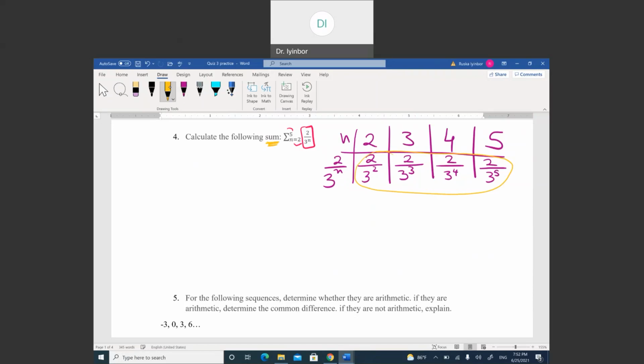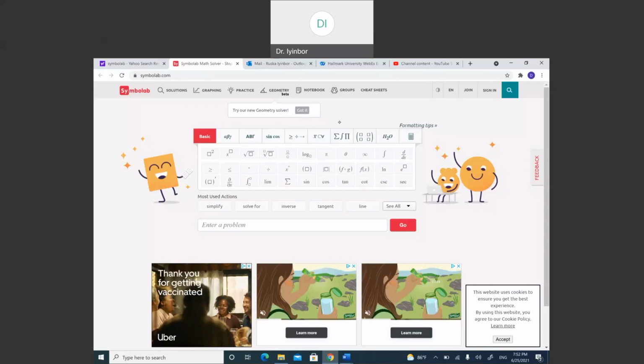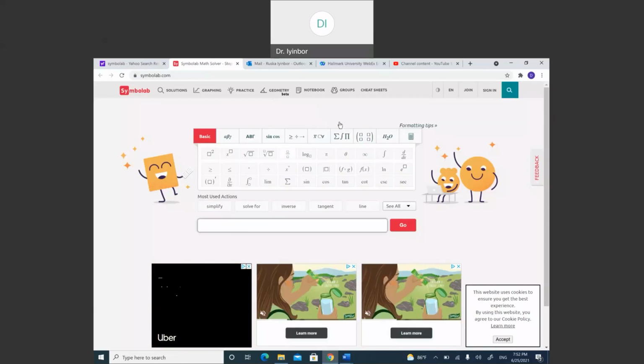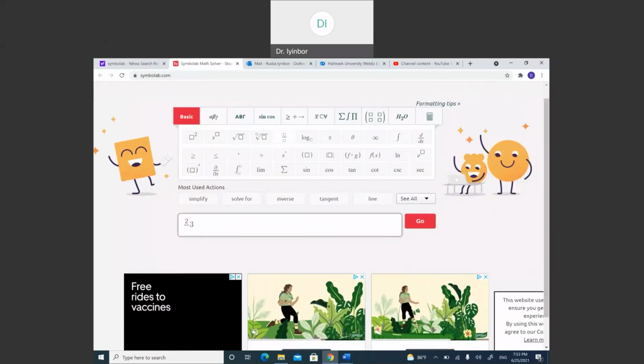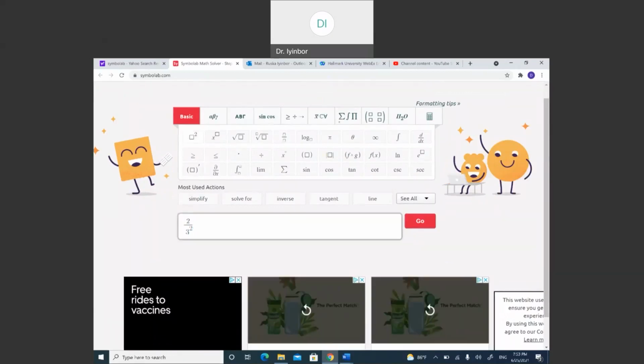Now, these are big fractions, and what you can do, you can use symbol up for here. Okay, so I'm going to open symbol up. And here you go, you can just enter that. So you have fraction, and you do 2 over 3 squared. Then just enter it the way it is, plus 2 over 3 with exponent 3, plus 2 over 3 with exponent 4.